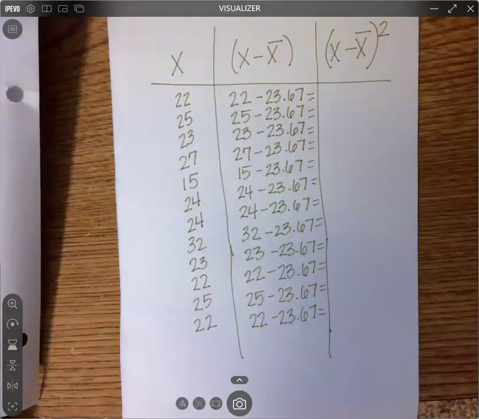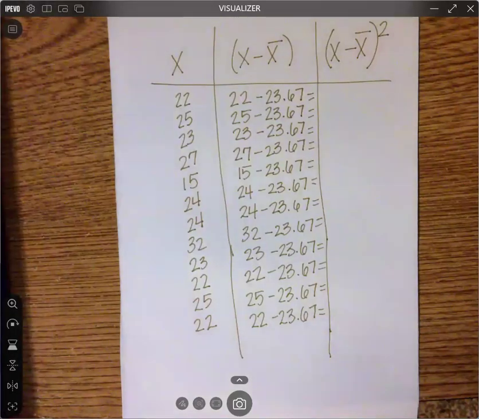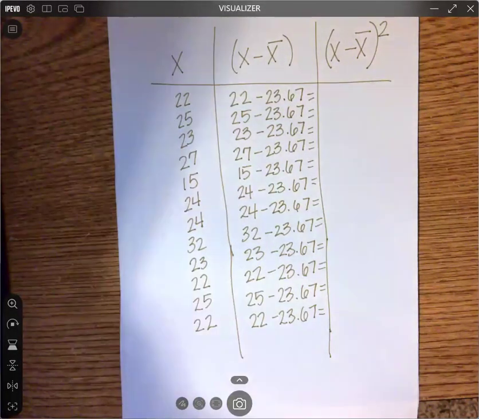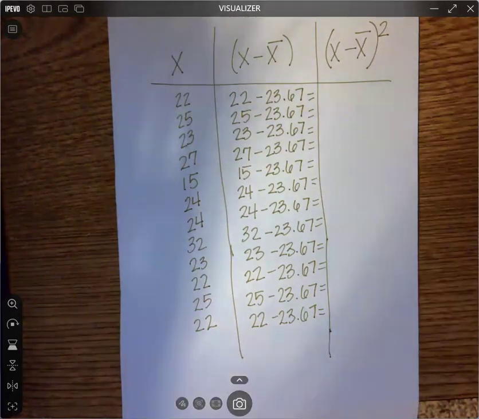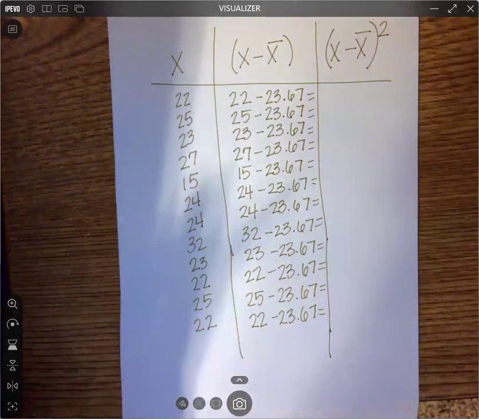So I didn't go all the way down and subtract, but you can do that. I'm going to go 22 minus 23.67, and then whatever answer I get on the screen, I'm going to square it. And I'm going to write down the whole answer.